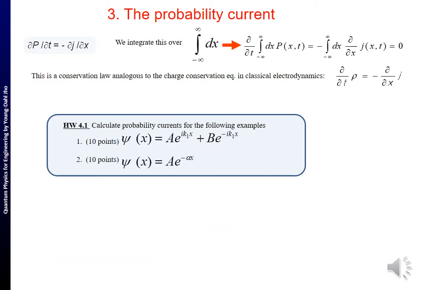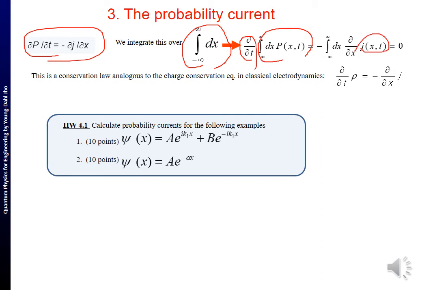So this is the continuity equation, and we integrate this over space. Then we integrate over space, ∂/∂t of the spatial integral, then the current density integrated in space.